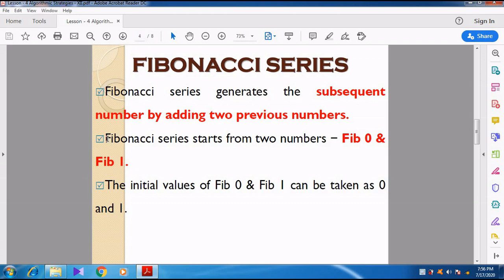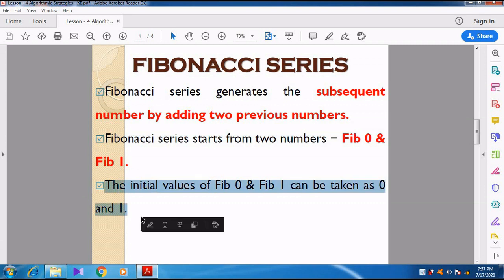Let us take the two numbers as 0 and 1. Let us start the Fibonacci series with the two numbers Fib0 and Fib1. So the initial values Fib0 and Fib1 can be taken as 0 and 1.